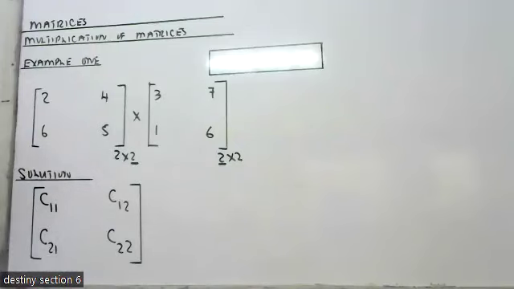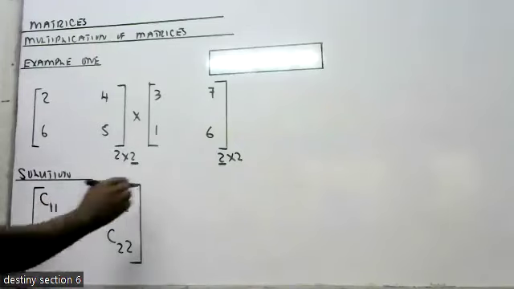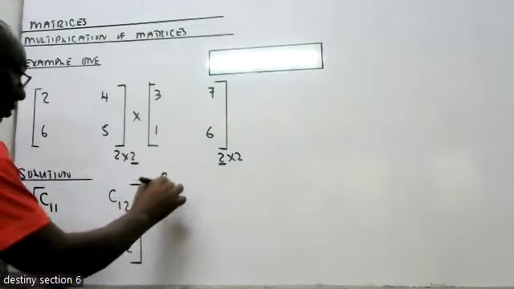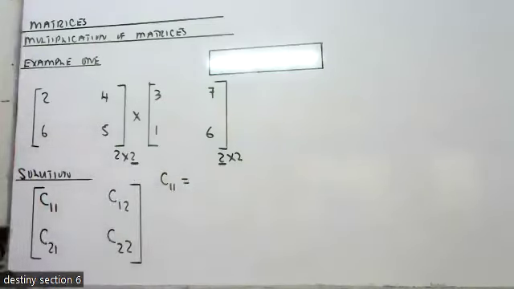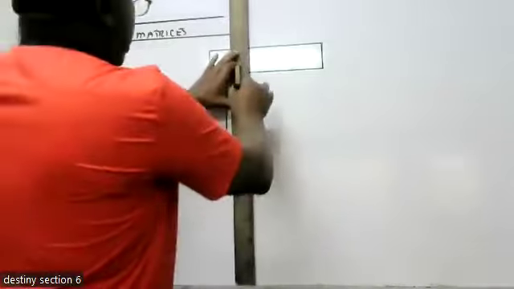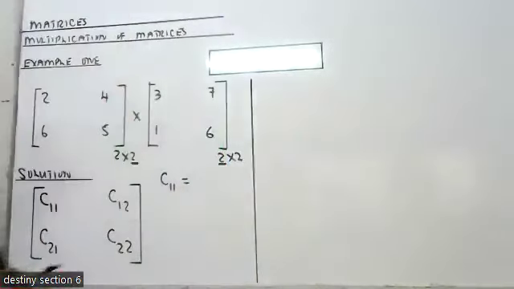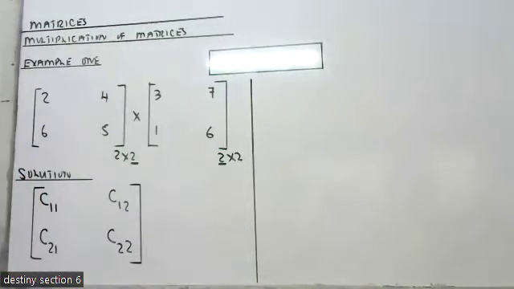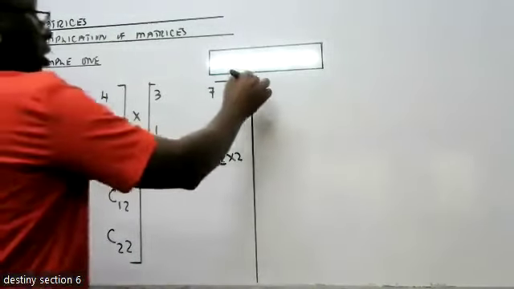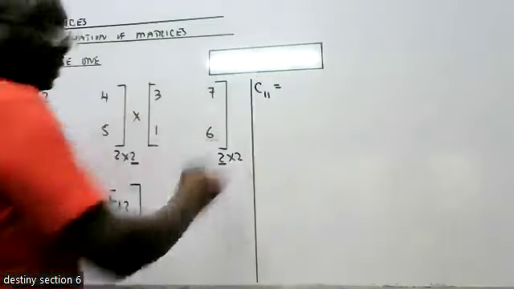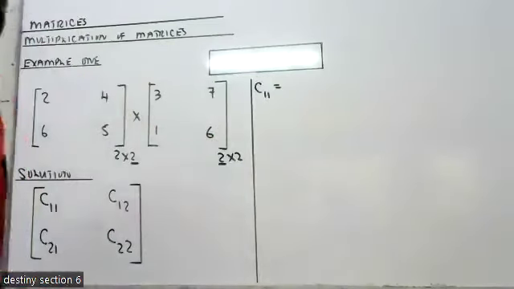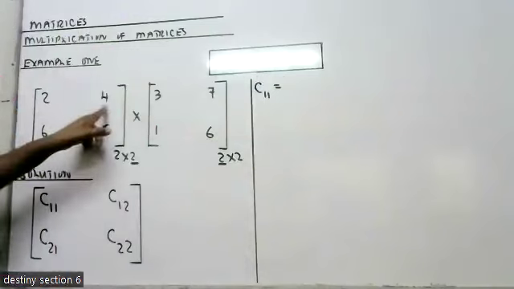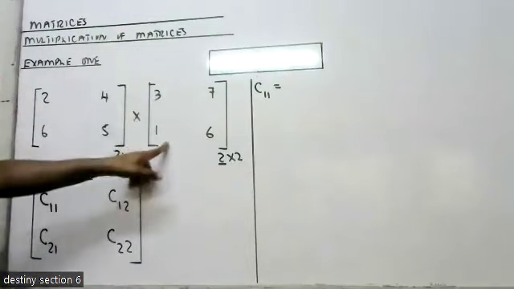Now from there, you start looking for these values. So we come to get C11. What this means, you will need to take the values in row 1 and column 1.